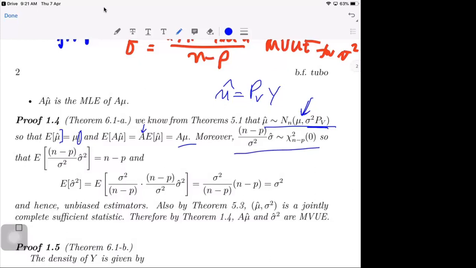And we can show that (n minus p) sigma hat squared over sigma squared is chi-square distributed, central, no?